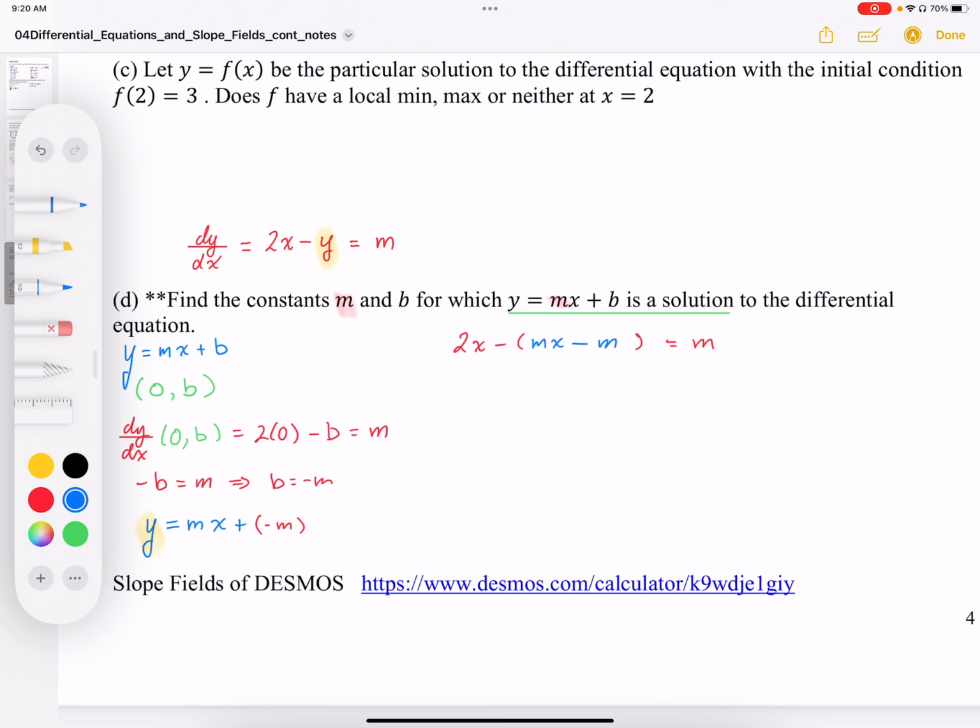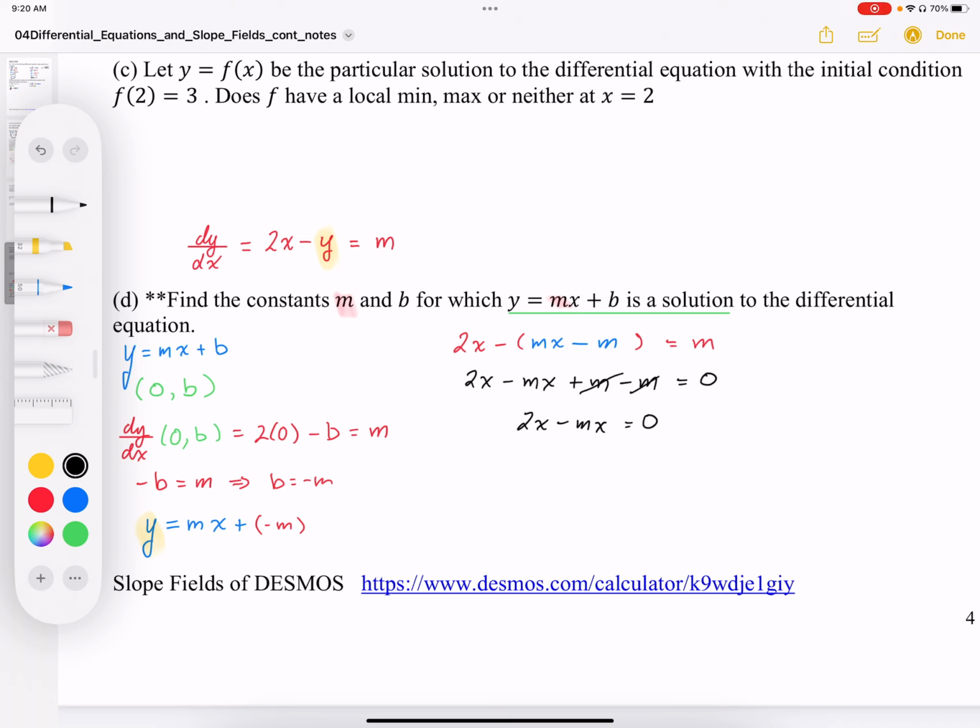So what I've done here is I've come up with something new. Now it doesn't quite look like something I can use yet, but I'm going to make this equal to 0, combine some like terms here. So I'm going to end up with 2x minus mx, and then this becomes plus m minus m. Well, at least those m's cancel out, and that's equal to 0. And I end up with 2x minus mx equal to 0.